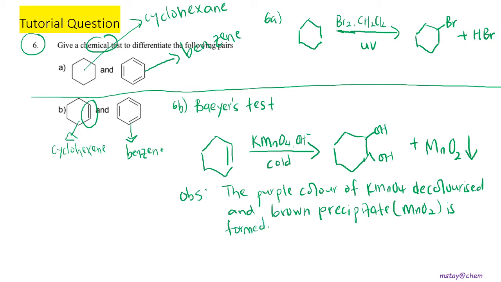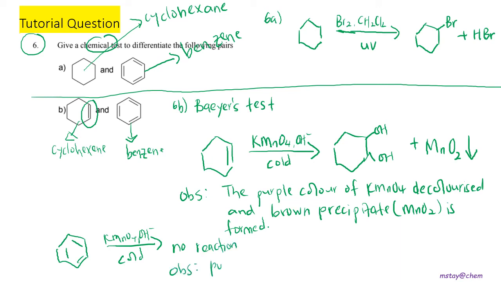Then we are going to write the equation for the benzene. KMnO4, OH-, cold, and then we write down no reaction, and then the observation is the purple color of KMnO4 remains unchanged.